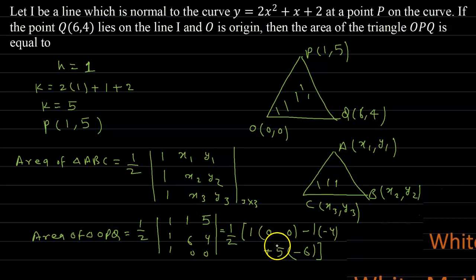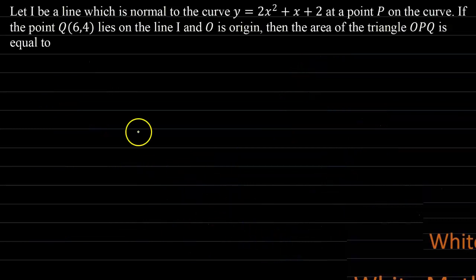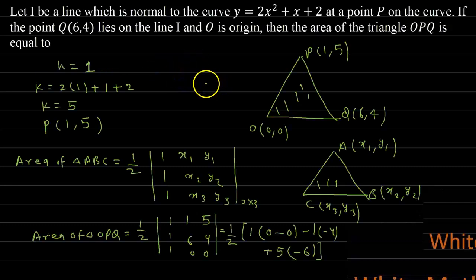Now on solving further, we will get area of triangle OPQ equal to 1/2. Now this is 0, 4, and this is -30.